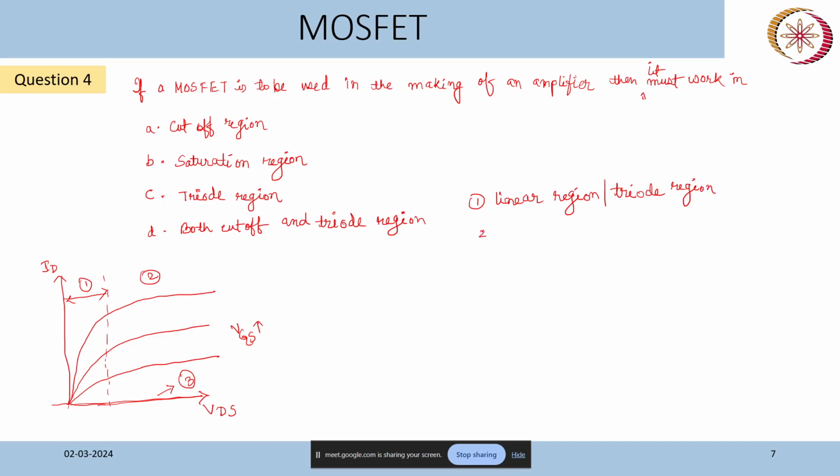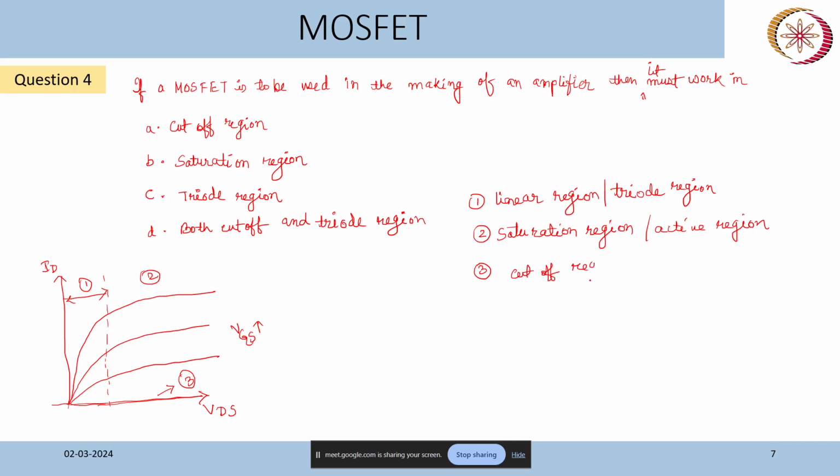The second region is known as the saturation region, because the current is saturated here, or it is also known as the active region. And region 3, where the drain current is 0, is the cutoff region.